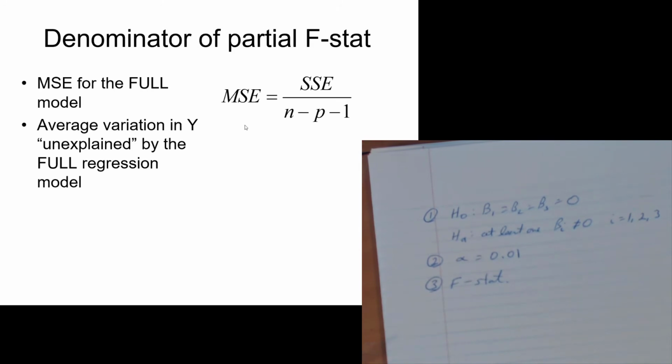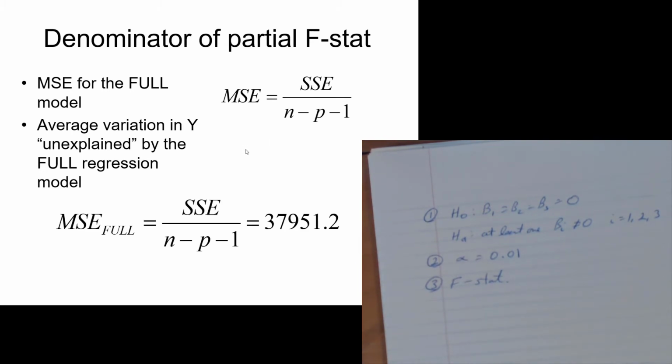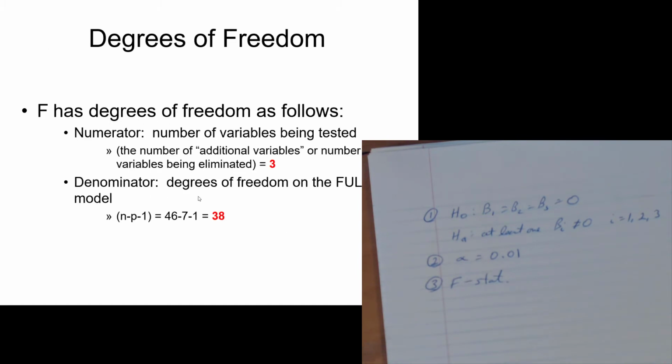Okay. Now, we have the denominator. SSE, amount of variability we're not able to explain. And then its degrees of freedom of n minus p minus 1. Okay. And so we have the MSE from the full model, right? Take the SSE from the full model, boom, n minus p minus 1, and you get that result. Now, it's kind of nice.